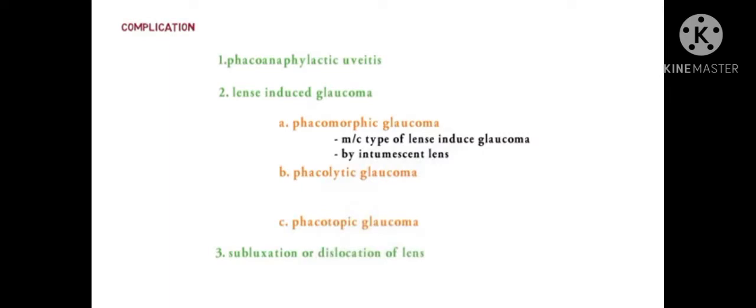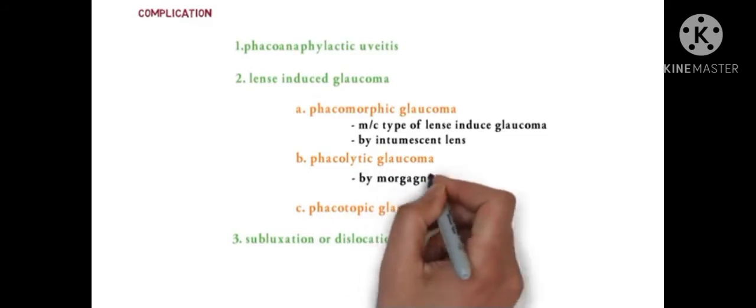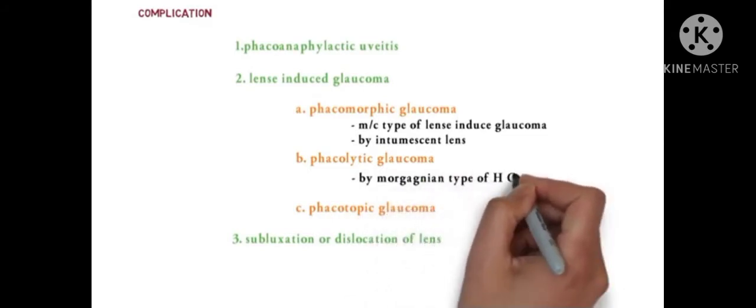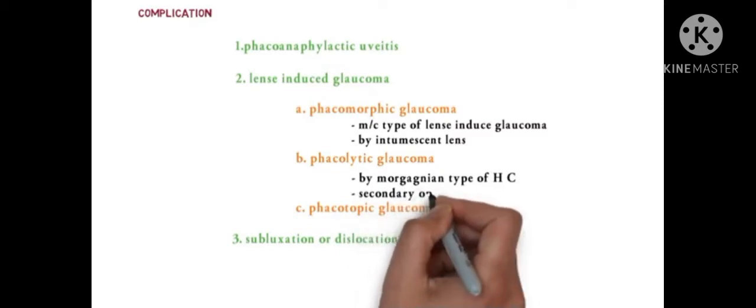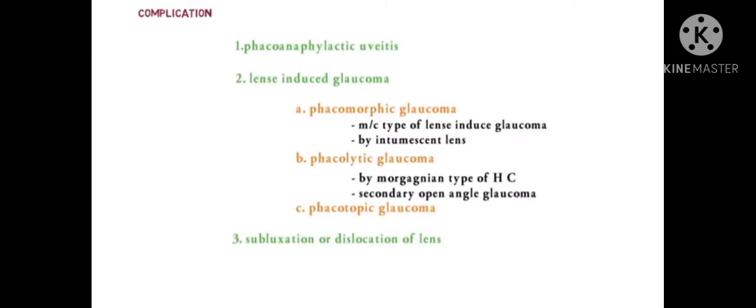Remember that intumescent cataract is found in the stage of immature senile cataract and occurs due to continuous hydration of the lens. The second one, phacolytic glaucoma, occurs with Morgagnian type of hypermature cataract and forms secondary open angle glaucoma, because the lens proteins leak into the anterior chamber, and due to this the macrophages clog the trabecular meshwork, leading to increase in intraocular pressure.